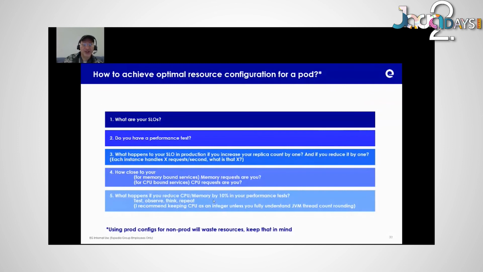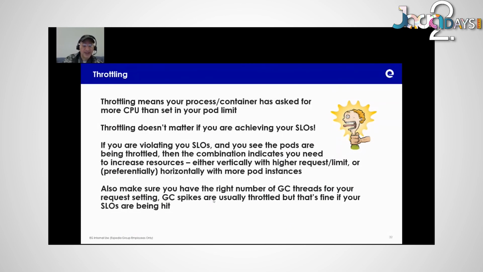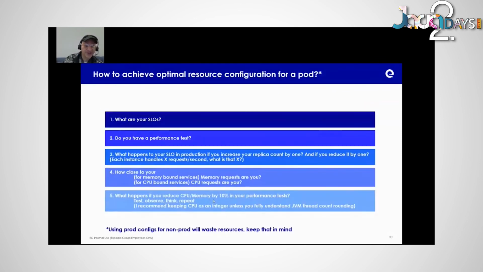And the way to get optimal resources is to have those targets and do performance tests. You can do it in production if you want, and then incrementally change how many CPUs, how many cores you allocate, how much memory you use, until you've reduced that enough but you're still hitting your targets.